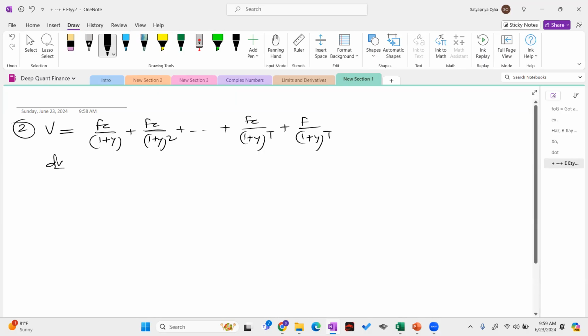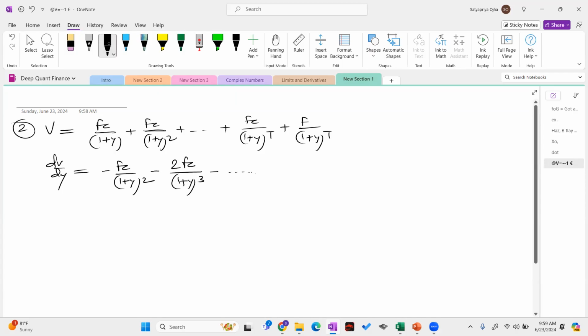What is dV by dy? dV by dy is minus FC by (1 plus y) squared, not plus, minus 2FC divided by (1 plus y) cubed. Shouldn't write plus, it should be minus, dot dot dot.